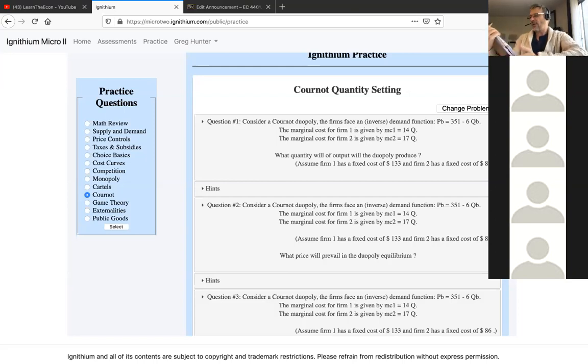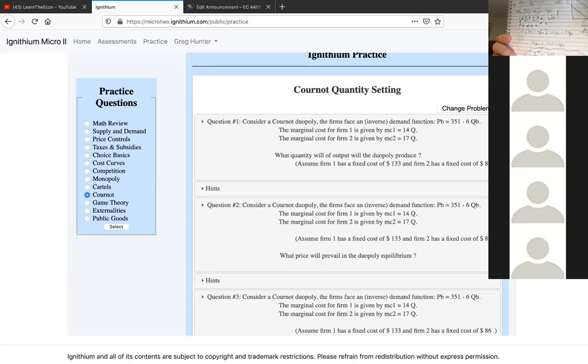Just to remind you, right there is the MR1. You see the MR, 351 minus 6 Q2 bar minus 12 Q1, right?